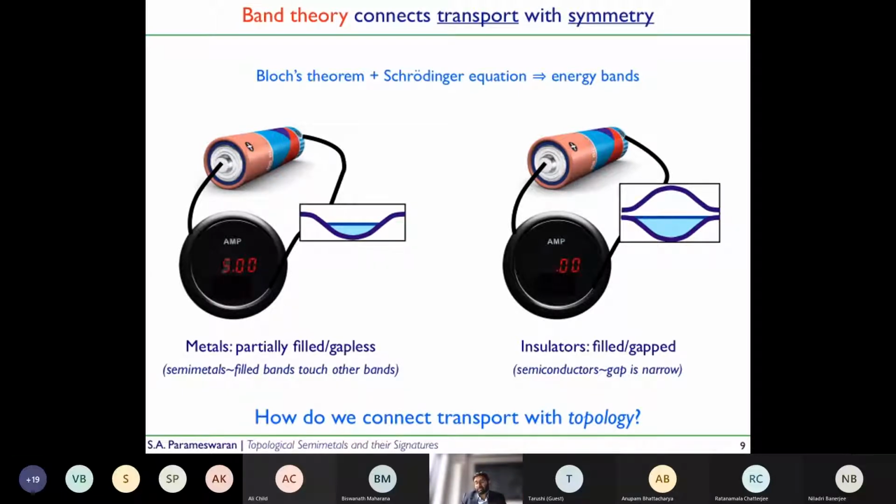Combining this with the Pauli exclusion principle, which tells us you can only fill one electron of each spin at each momentum state, allows us to draw a sharp line between metals and insulators. This was the first real explanation of why some things are insulating and some are metallic. Metals form when you have partially filled bands or gapless systems, and insulators form when you have fully filled bands, so there's an energy gap to create an excitation.